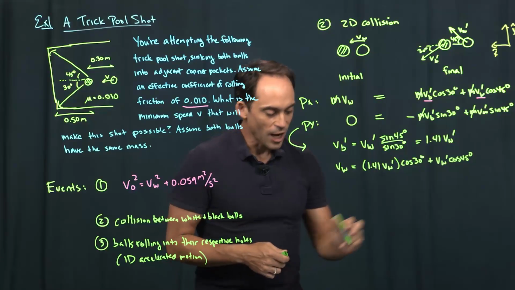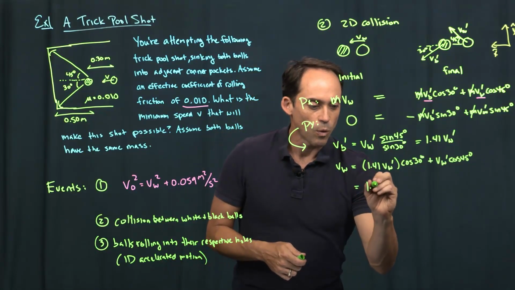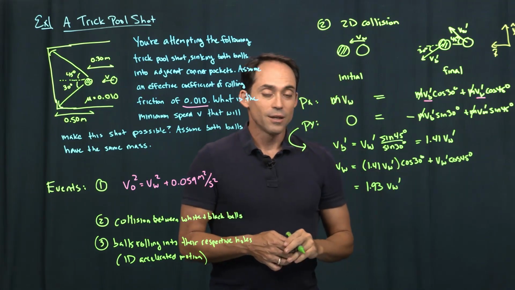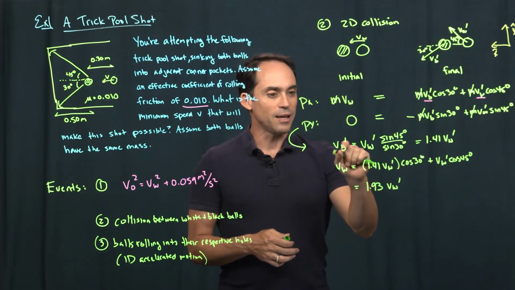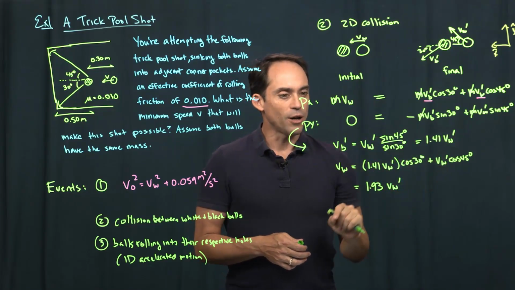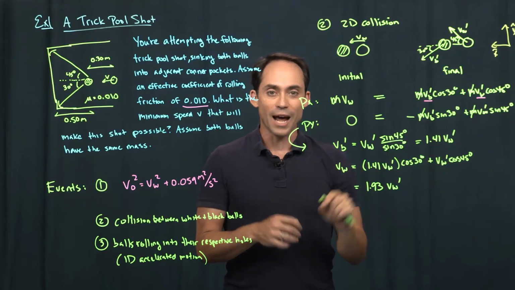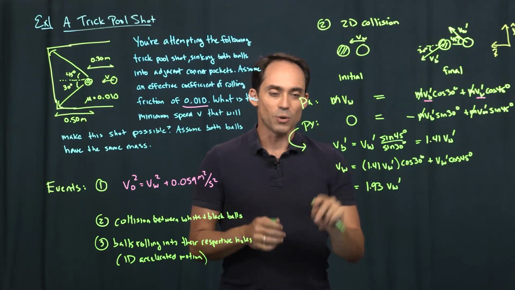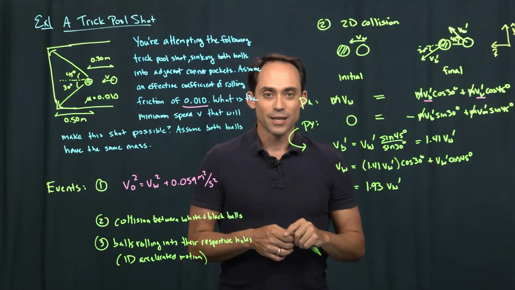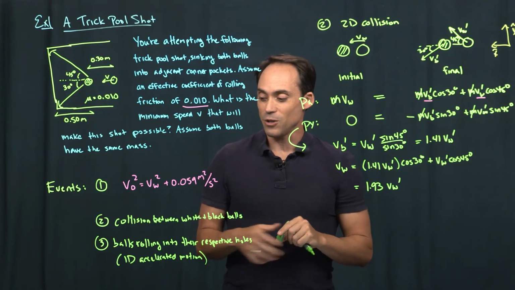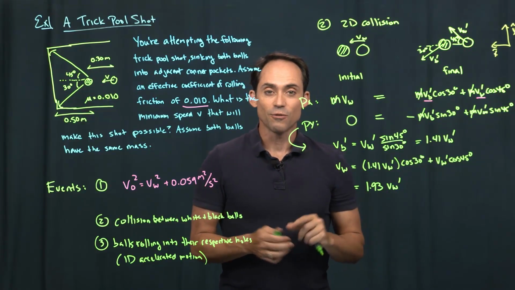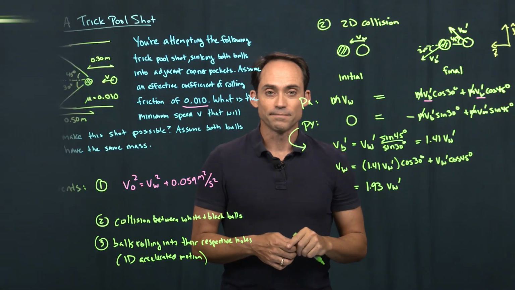And again, if you put this in your calculator, you get 1.93 times v_w prime. So I've been able to relate the speed of the black ball and the white ball together, and the speed of the white ball before and after the collision, but I still don't know what the speed of that white ball is. But I at least got it in terms of the other unknowns. So we can now take another step and see if we can use that last event to put a constraint on these different velocities for the balls after the collision.